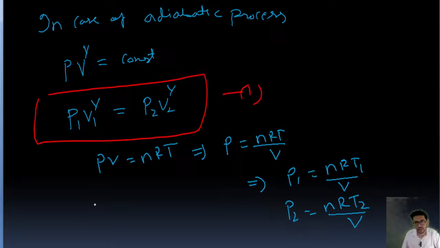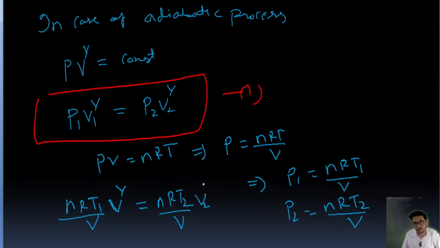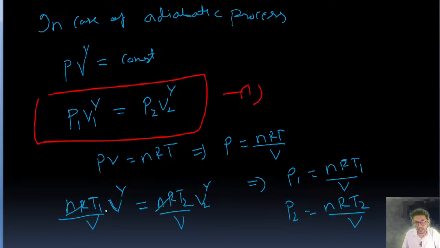So what we can do is, in this equation, in place of P1 we can write nRT1 upon V to the power gamma, equal to nRT2 upon V to the power gamma, right? nR will get cancelled, and so this equation is going to be T1 V1 to the power gamma minus 1 equal to T2 V2 to the power gamma minus 1.